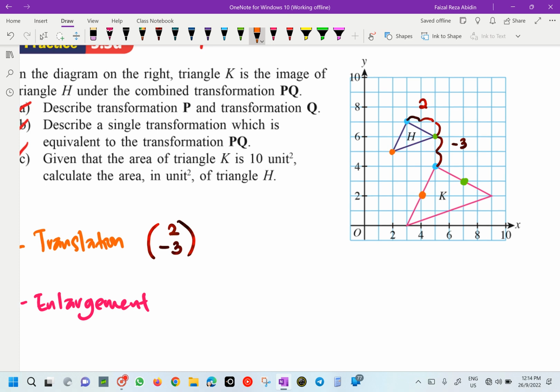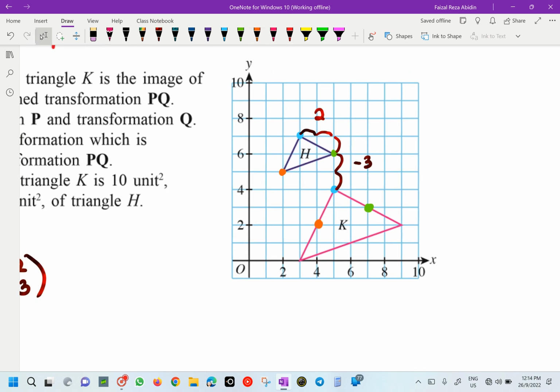So from H just now, I have this as my first image under the translation. After that, I'm going to enlarge. If you look there, which point is not going to move? The blue one, isn't it? The green one is going to be here, the orange one is going to be here. So this is going to be the center.